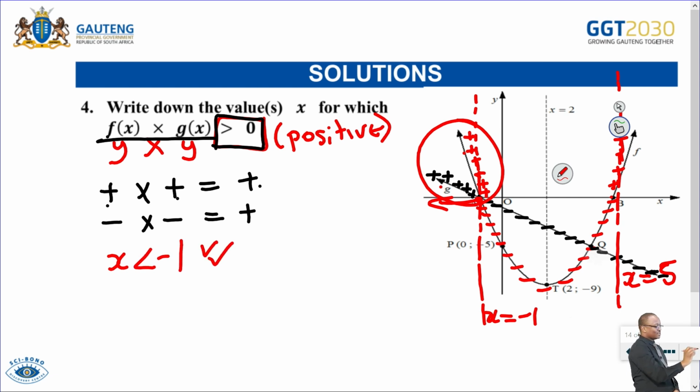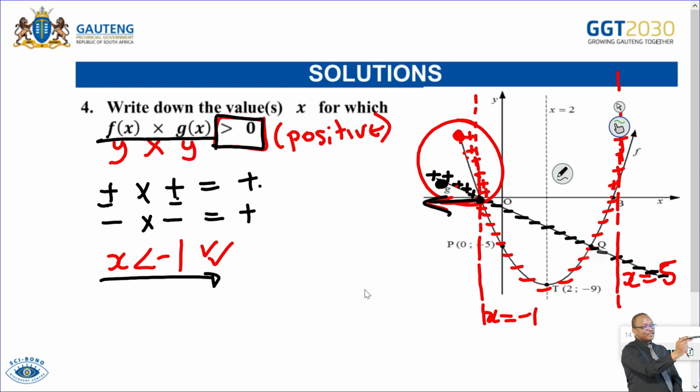That is the first condition, because we have positive multiplied by positive: the positive of f multiplied by the positive of g. Then from -1 going that side, we are going to have positive values, because we are multiplying positive and positive.